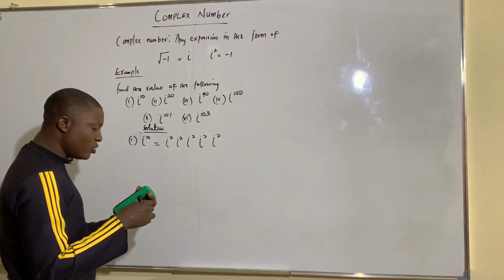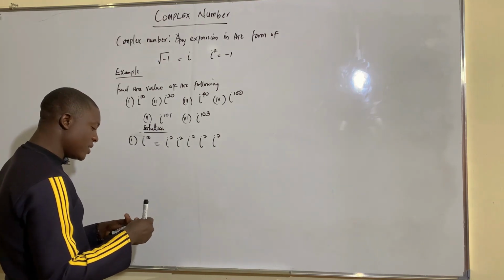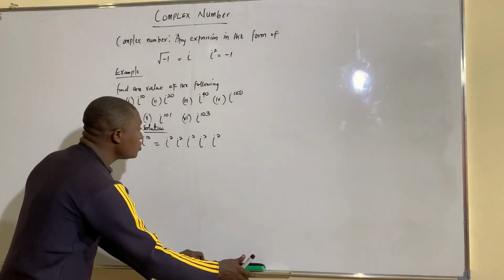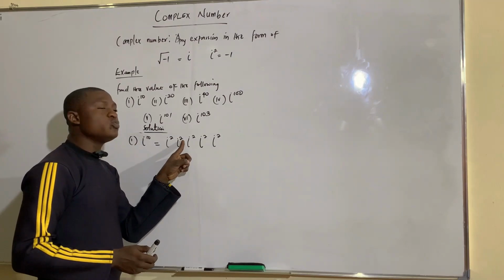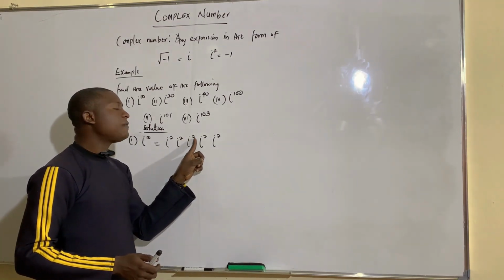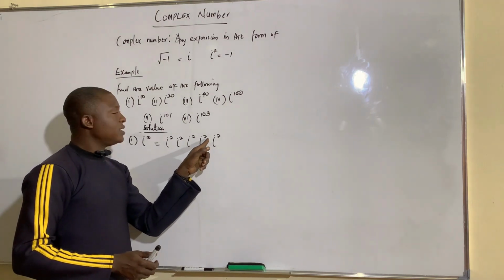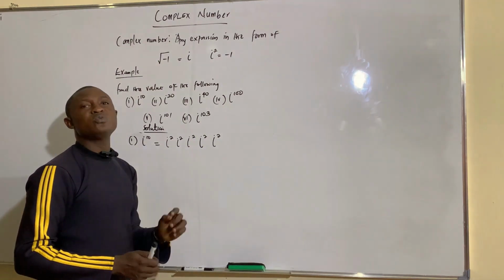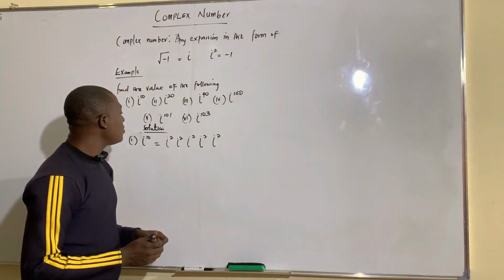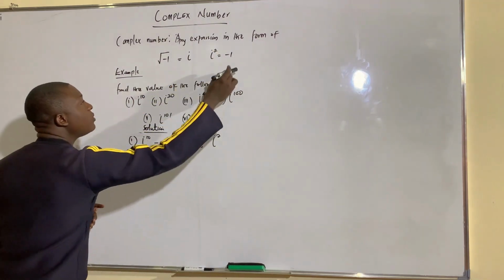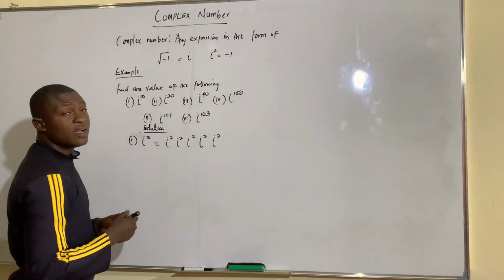If you add all those powers together, let's check if truly they are equal to 10. 2 plus 2, that one is 4. 4 plus 2, that one is 6. 6 plus 2, that one is 8. Then 8 plus 2, that one is equivalent to 10. Now, we know from below that when we have i squared, it's minus 1.